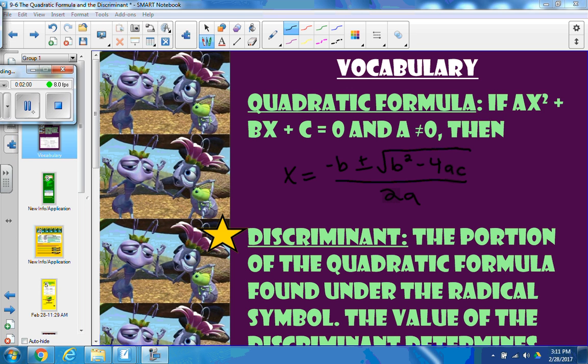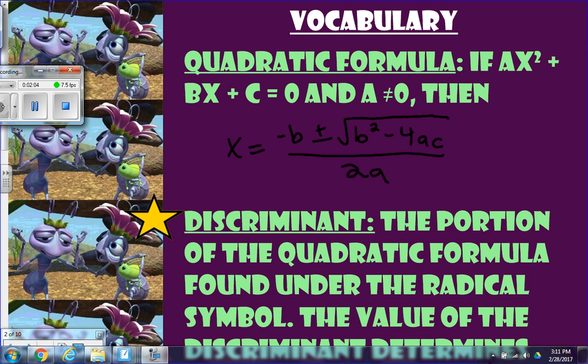Seems like a lot right now, doesn't it? But it's really just a formula where you can plug in the a, b, and c to find our x values.